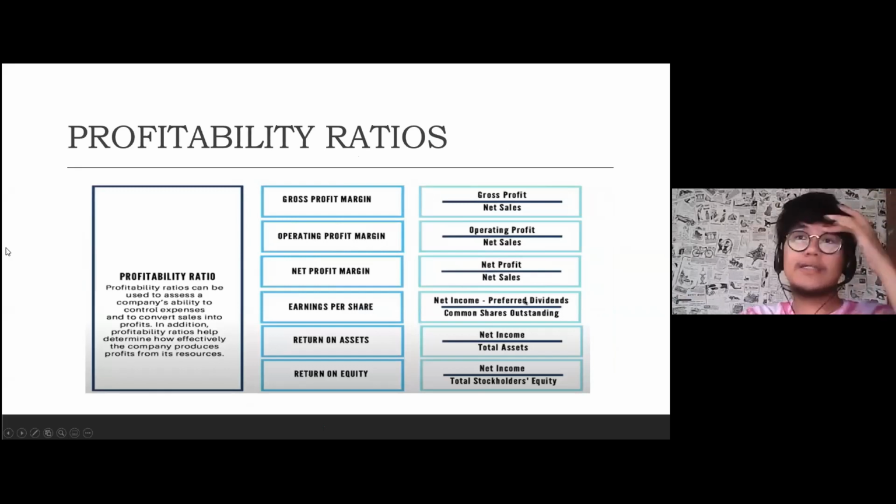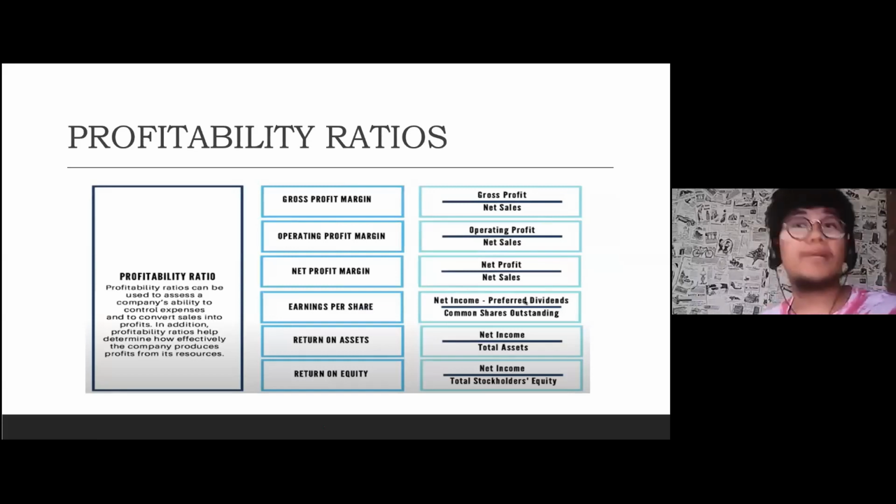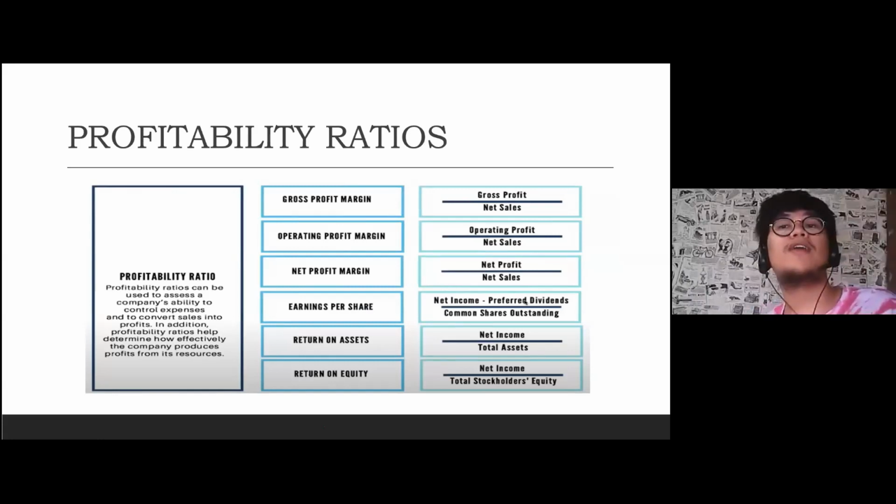Okay. So next we have your profitability ratios. Profitability ratios can be used to assess a company's ability to control expenses and to convert sales into profits. In addition, profitability ratios help determine how effectively the company produces profits from its resources.